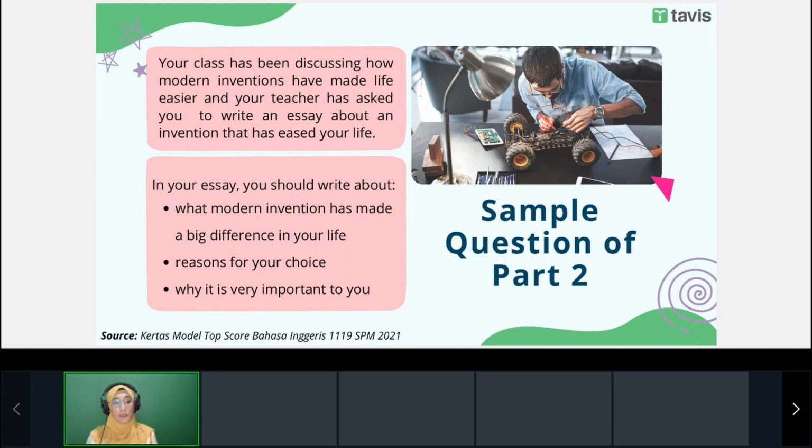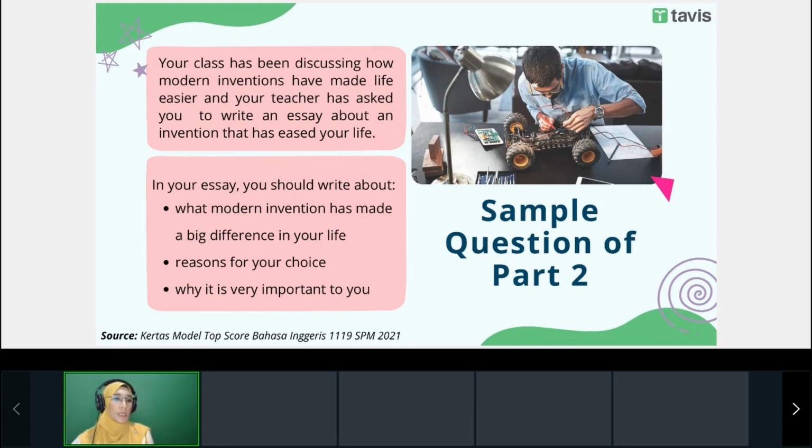These are the current issues, and you will see that in your paper 2, part 2. Maybe it talks about COVID-19. You never know, the vaccinations, what it has done to you, maybe.